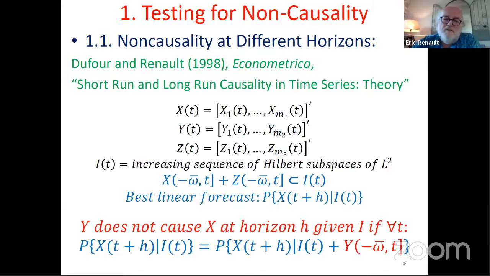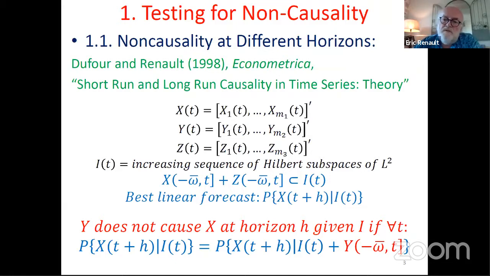I will refer for the story of causality at different horizons to a joint paper with Jean-Marie Dufour a long time ago. Basically the idea is that you will be interested in two processes, X and Y. Typically you're going to ask whether Y is causal for X, but we are going to see that an additional environment, Z, may play an important role if you think in terms of different horizons.